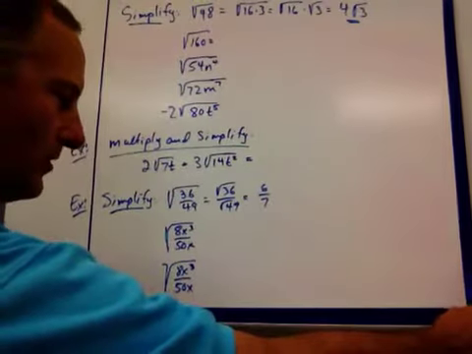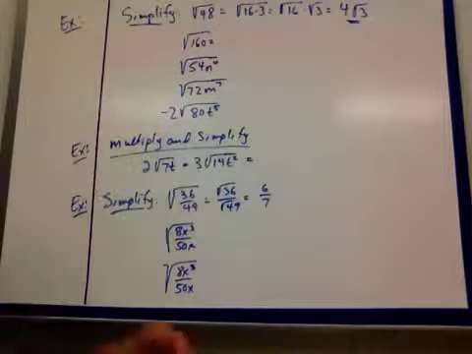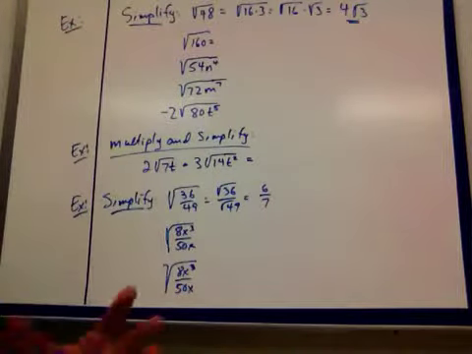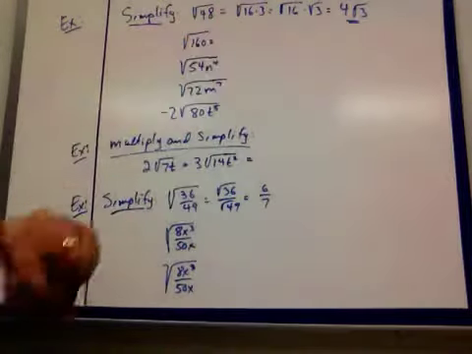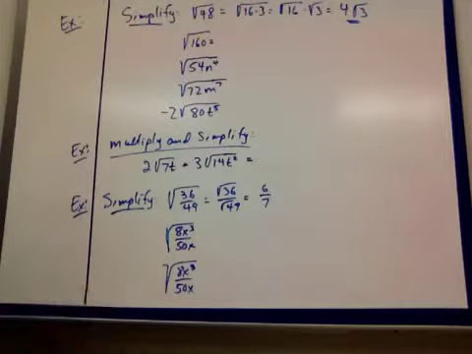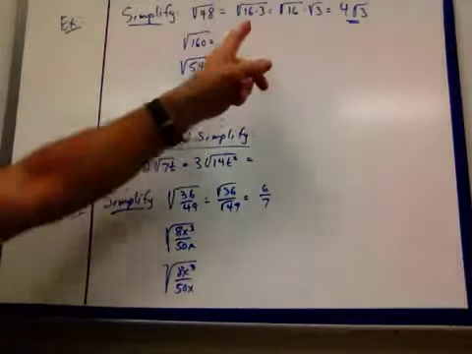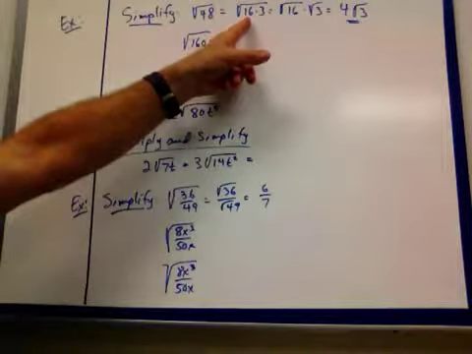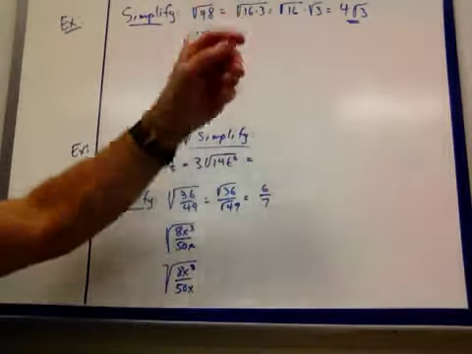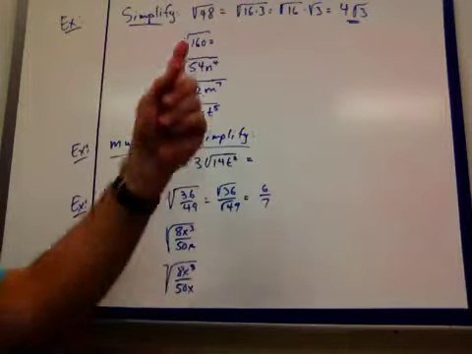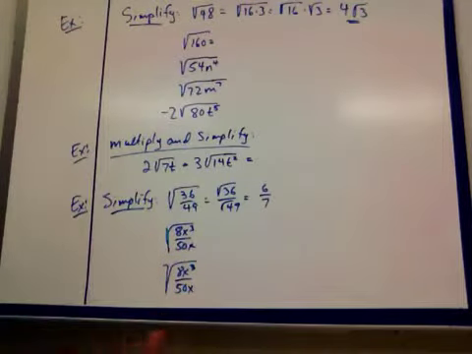Okay, we start out with, we want to simplify the square root of 48. 48 is not a perfect square. It wasn't on our chart there. But there is a perfect square that goes into it. Kind of like when we're trying to find the greatest common factor, we're trying to find the greatest perfect square that goes into 48. That's a factor of it, and 16 times 3 is 48. If you have to, you can take that number and start dividing it by perfect squares.